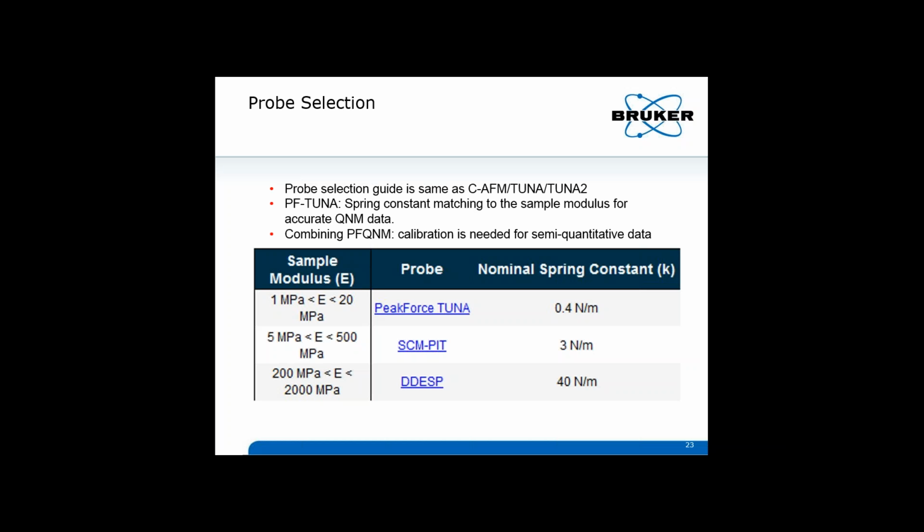PeakForce QNM is an integrated quantitative nanomechanical property measurement. Here is a list of the sample modulus and the probe candidates for your reference.